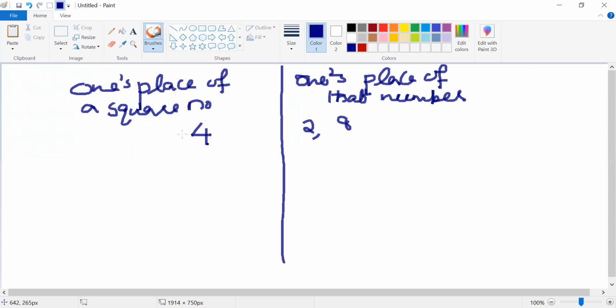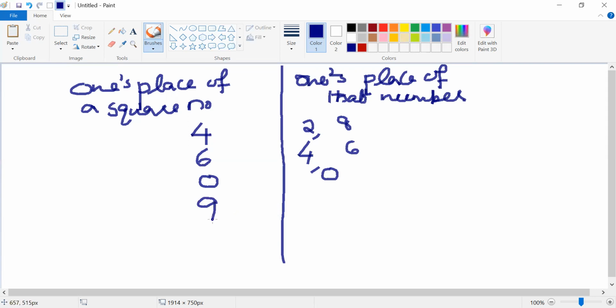And if the ones place of a square number is 6, then there are 2 possibilities. Either the number will end in 4 or the number will end in 6. And suppose a square number ends in 0, definitely the ones place of the number is also 0.